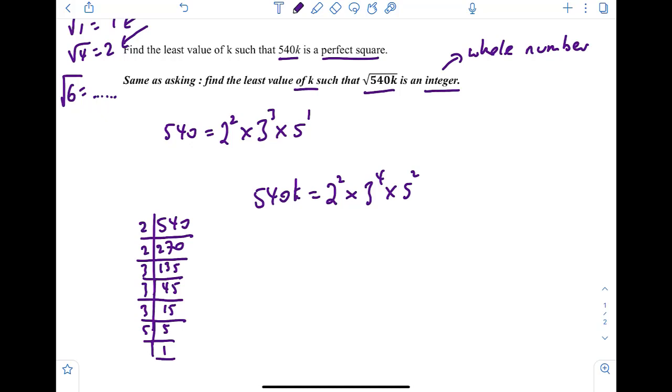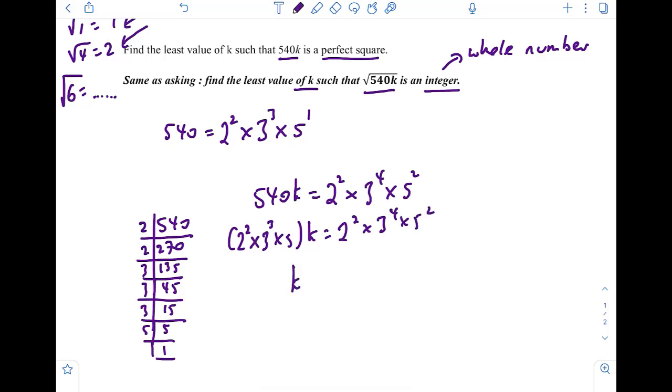So 540, we replace it with 2 squared times 3 cubed times 5, times k, is equal to the perfect square that we want. So what's k then? 2 squared times 3 to the power 4 times 5 squared, everything divided by 2 squared times 3 cubed times 5.